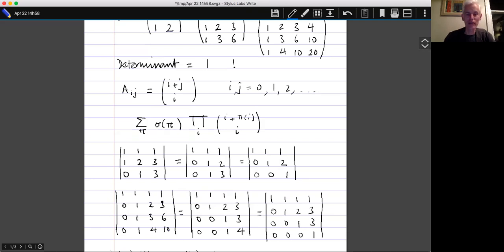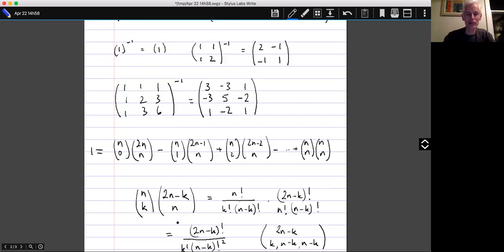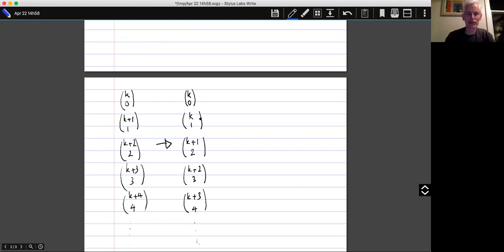Second time round, I took away just the 3 from the 6 and the 6 from the 10. So the second time round, it looks as though I want to leave the k choose 0. I want to take away k choose 1 from a k plus 1 choose 2. So it looks as though I get k plus 1 choose 1. But I'm a little bit anxious.